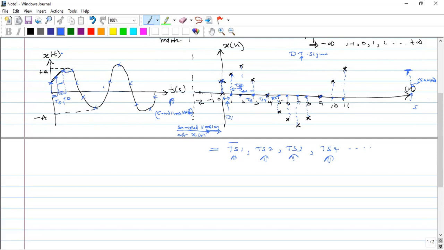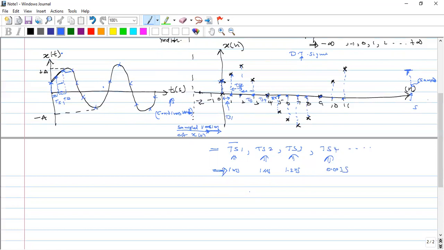For example, if TS1 is 1 millisecond, TS2 can be 1 microsecond, this can be 1.2 nanosecond, and this can be 0.003 second. So we can define this time gap with any time value.